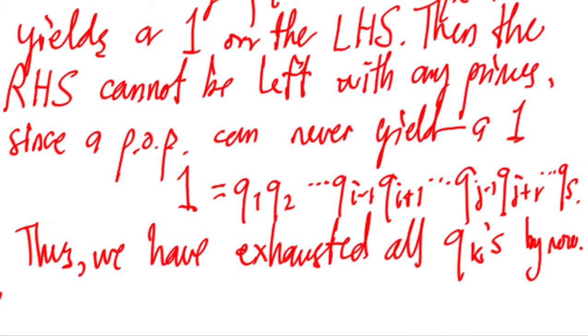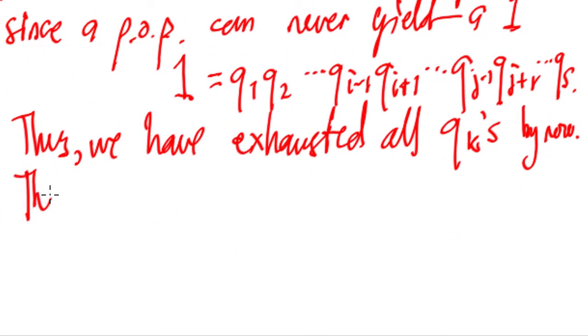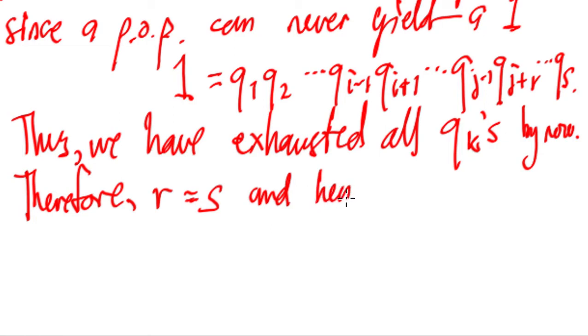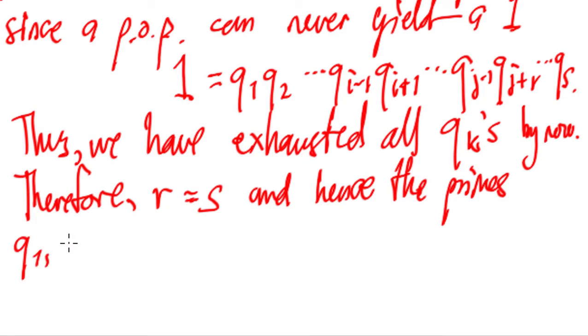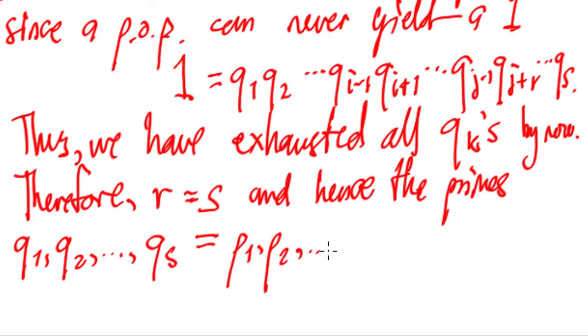So therefore r is equal to s, and hence the primes q sub 1, q sub 2 up until q sub s are equal to the primes p sub 1, p sub 2 up until p sub r in some order.